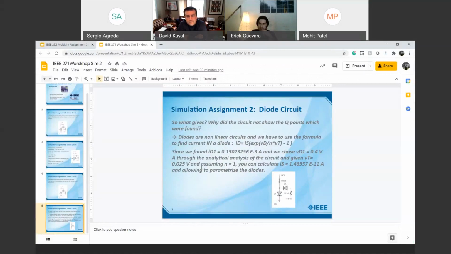Additionally, we already know that Vt is equal to 0.025 volts, and let's just assume that the nominal factor is equal to 1. After calculating this by doing algebra, Is is equal to Id over this entire exponential minus 1, we will get 1.4 times 10 to the negative 11th amps. Now, this is going to be plugged into Multisim.